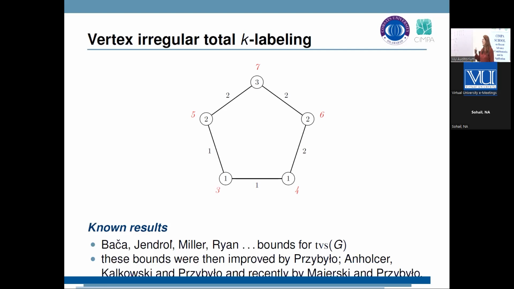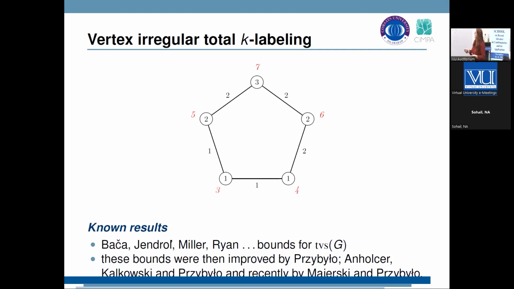And again, you can find many results, some bounds on this graph invariant. You can find the work of Martin Bača, Stanislav Jendrol and Ron Ryan. As you can see, the names are always repeating. So when you start to work on labelings, you will try to solve many problems in different areas.